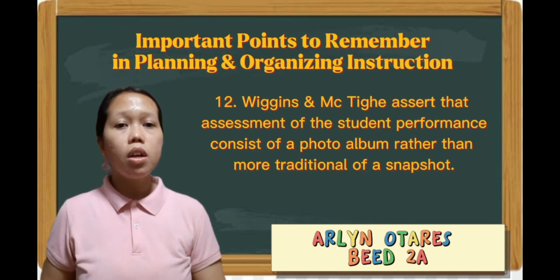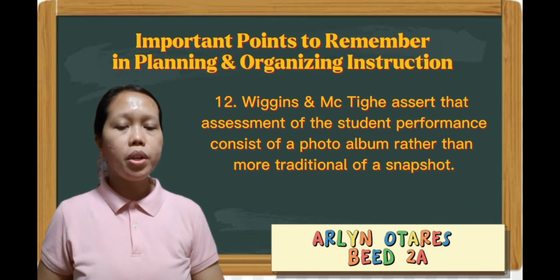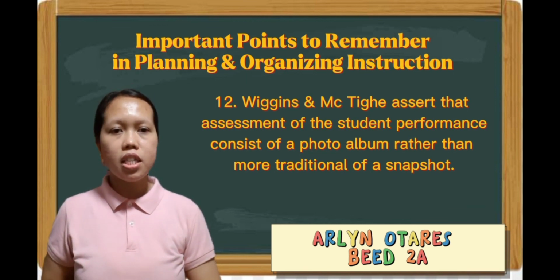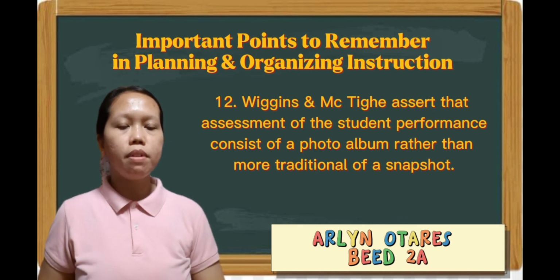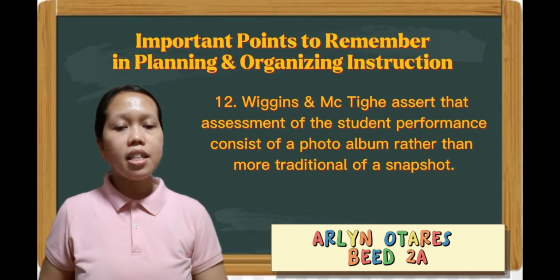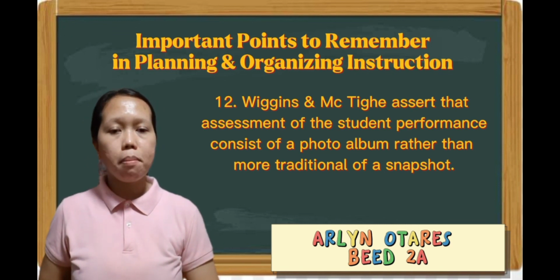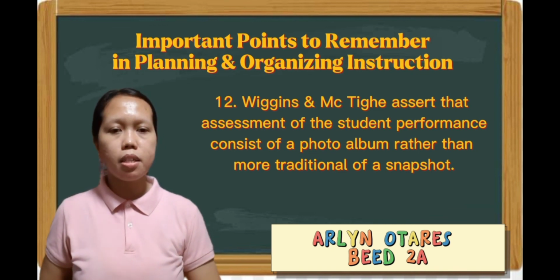Number 12, Wiggins and McTighe assert that assessment of the student's performance consists of a photo album rather than the more traditional snapshot. Assessment tools and processes: tests and quizzes, academic prompts, reflective assessment, culminating assessment.